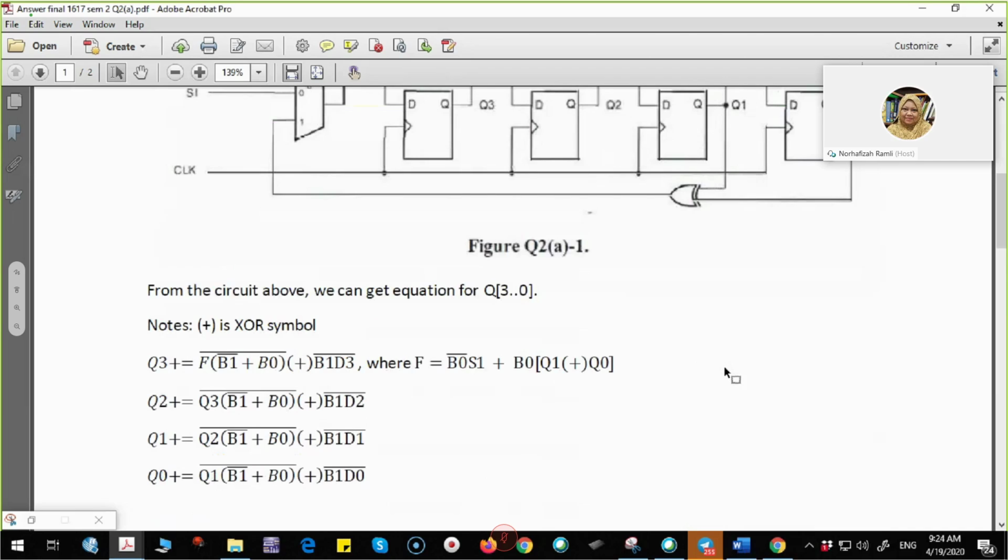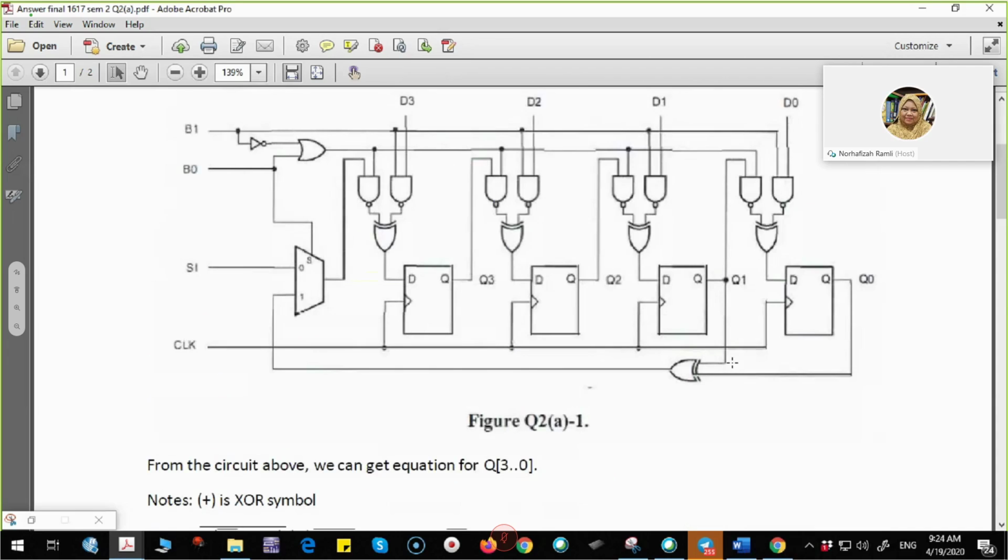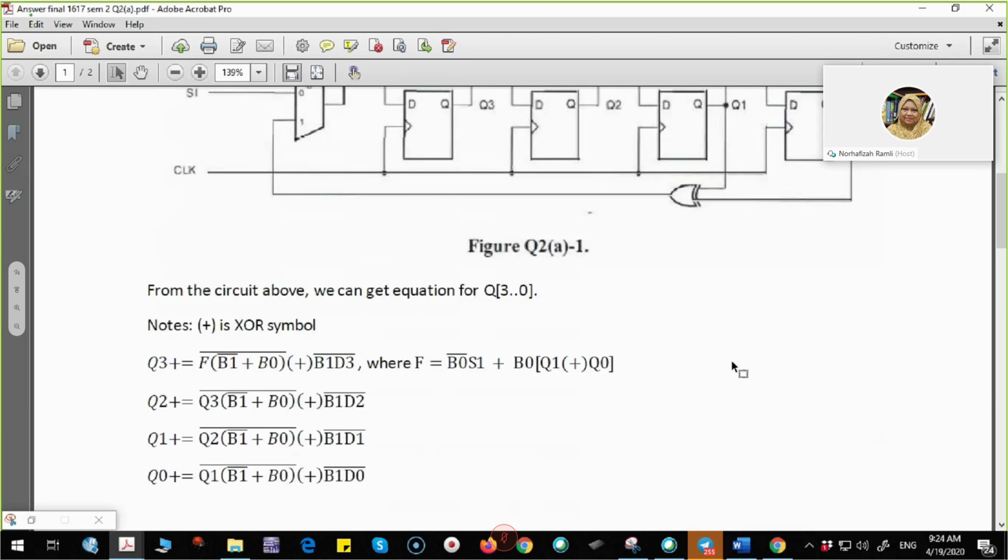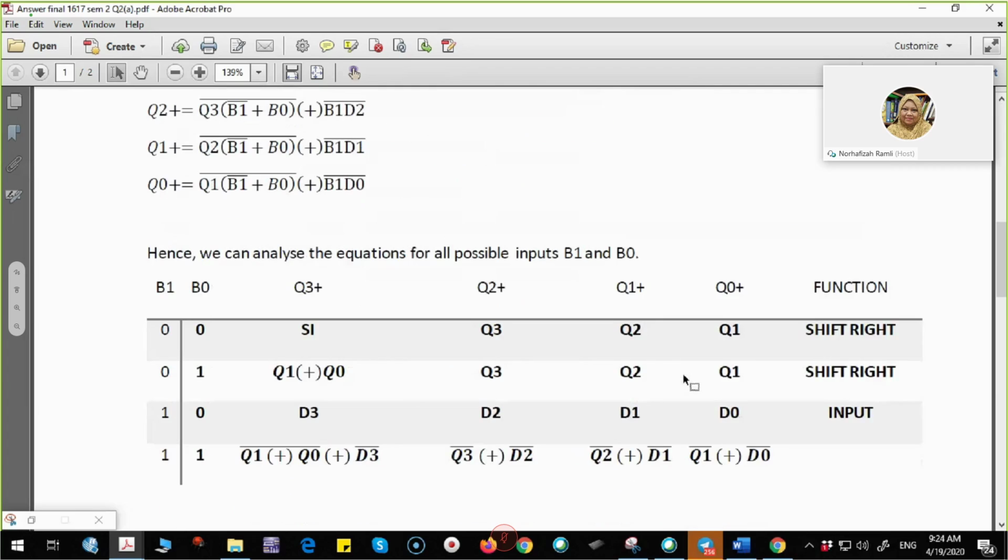Yeah, you have to find the equation, but the equation itself is a bit confusing, difficult if you want to go through. First we analyze the circuit. So this is the equation you got, and then you do B1 dot Q3 plus.